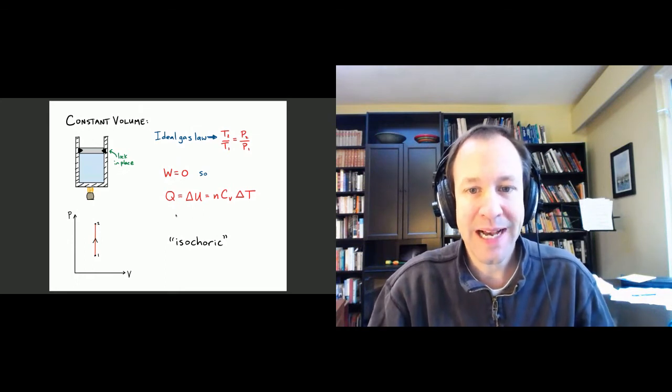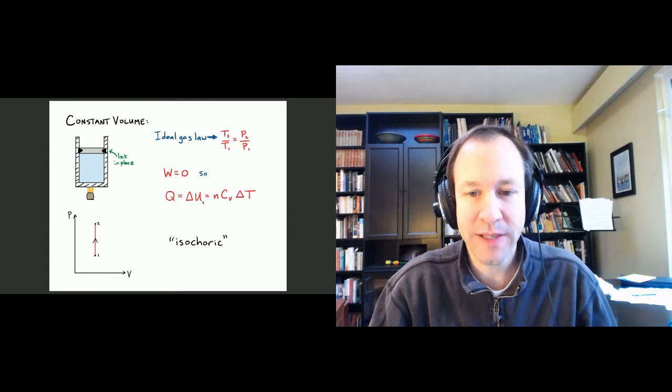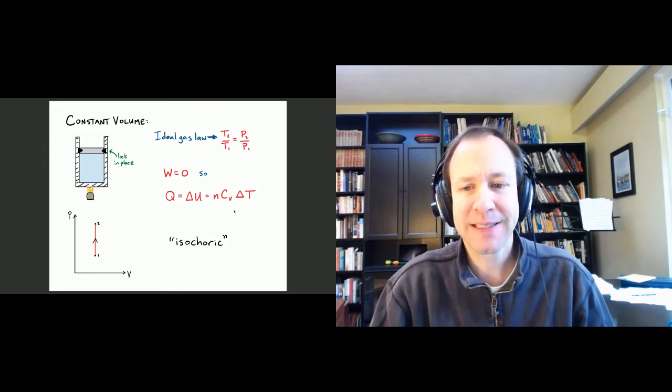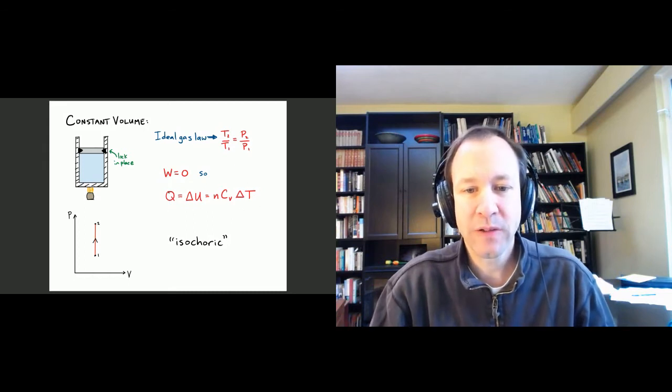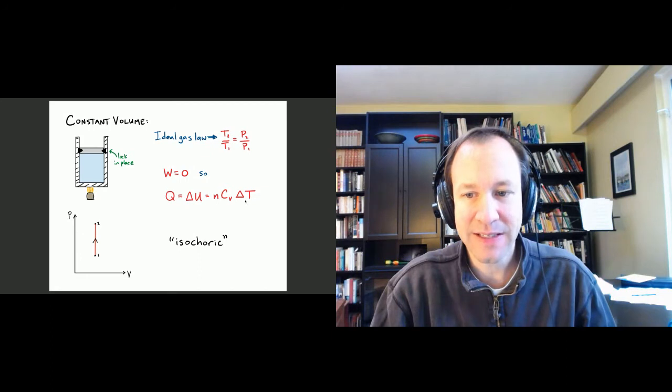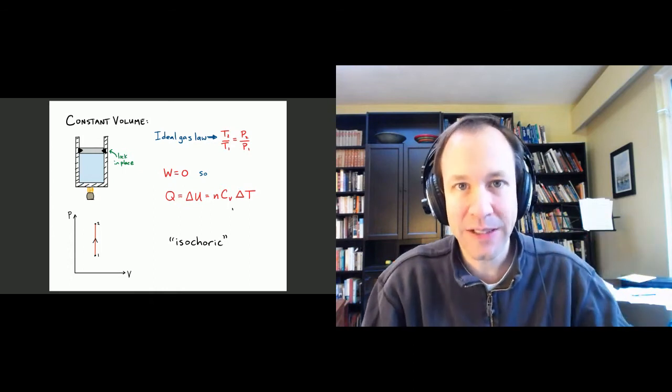And so the first law of thermodynamics simplifies to say that Q is equal to delta U. And then we always know that delta U equals nCV delta T. So the V on our specific heat at constant volume is there because when you want to calculate Q for constant volume, then the formula is just nCV delta T. So the V indicates that this expression works also to calculate Q at constant volume.